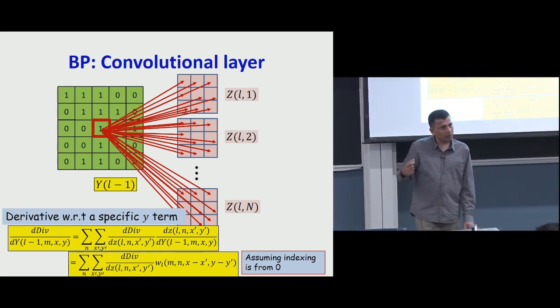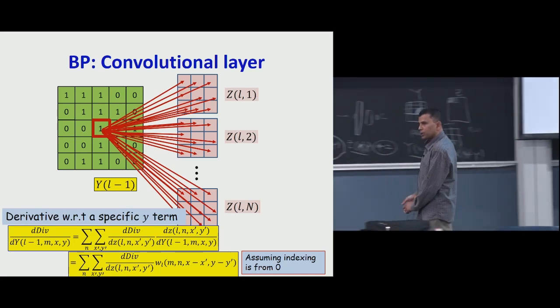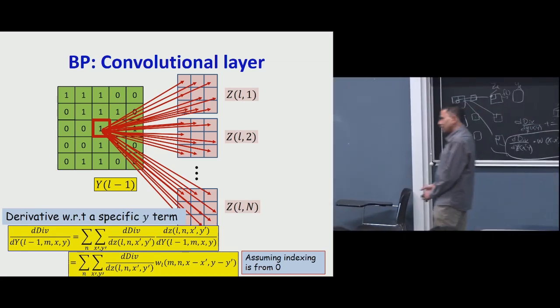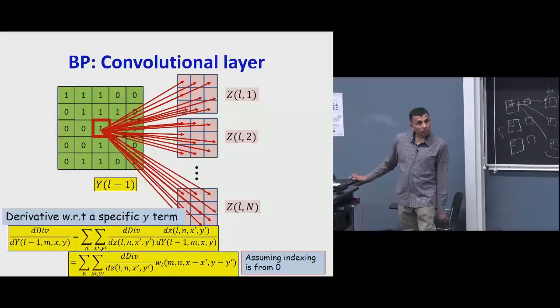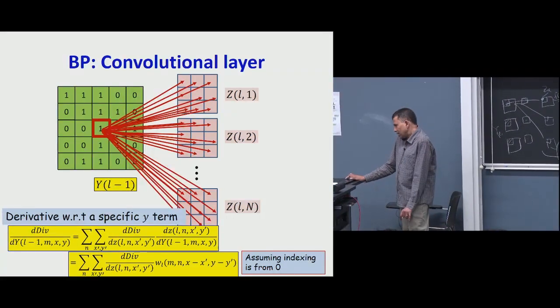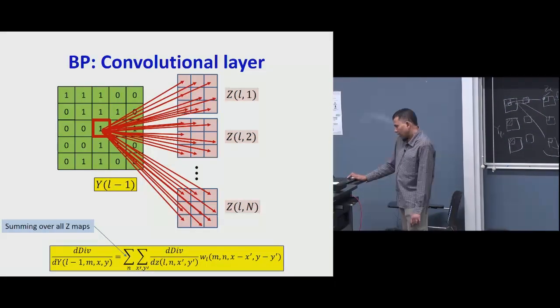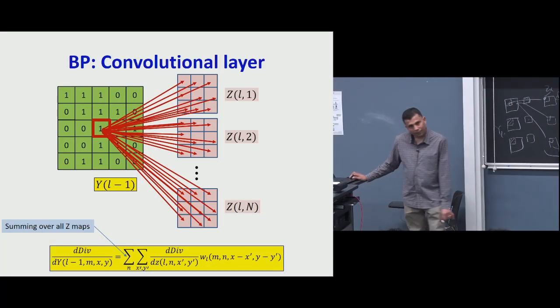Make sense? If it didn't make sense as a formula, we'll go over this with pictures a little bit. But the formulae are not in the least bit complicated. Okay? So this is the final derivative I'm going to get.